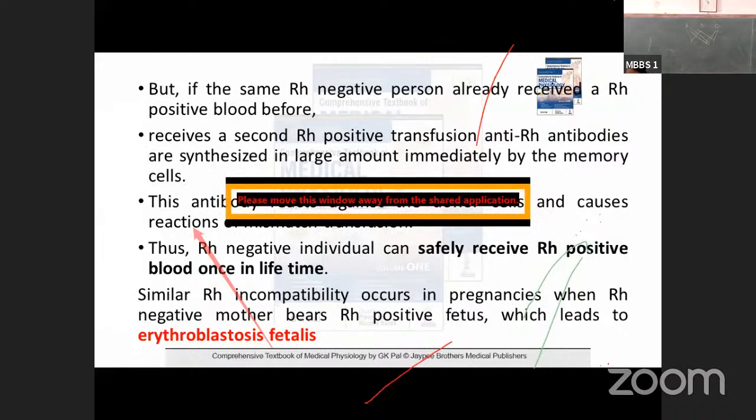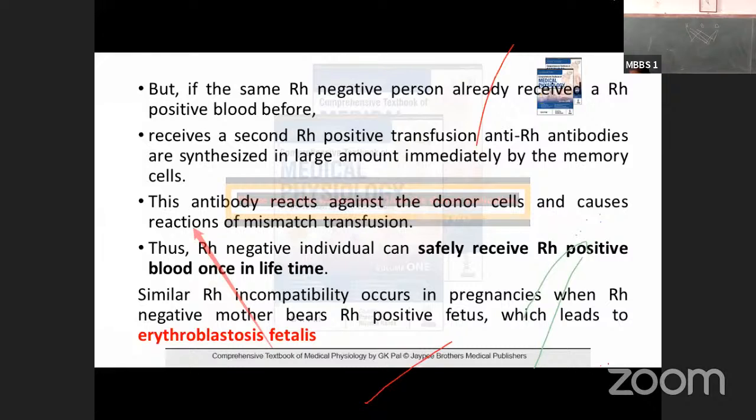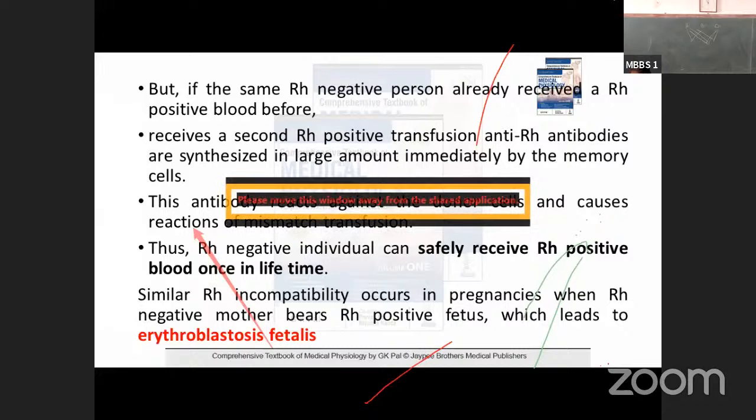So the first time maybe there is no risk. The second time, if that female gets pregnant again, having already Rh antibodies in the circulation, these antibodies cross the placenta, go into the fetal circulation, and there is agglutination, or clumping of the antigen and antibody, and then hemolysis occurs.